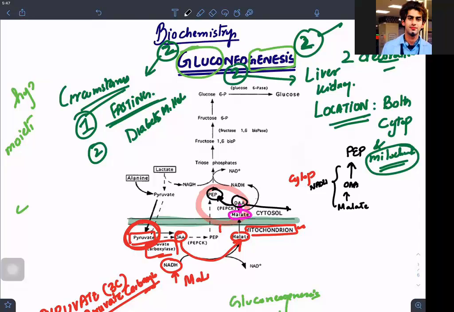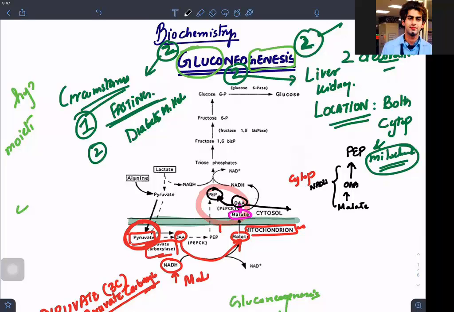Do we remember in glycolysis we were converting phosphoenol pyruvate to pyruvate by the enzyme pyruvate kinase, which was an irreversible step of glycolysis? That's why we are bypassing that route, coming via malate and then oxaloacetate, and converting again into phosphoenol pyruvate. You have bypassed that irreversible step of glycolysis, because you have to go in a reverse direction.